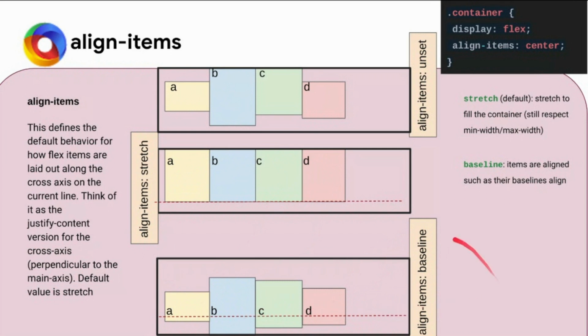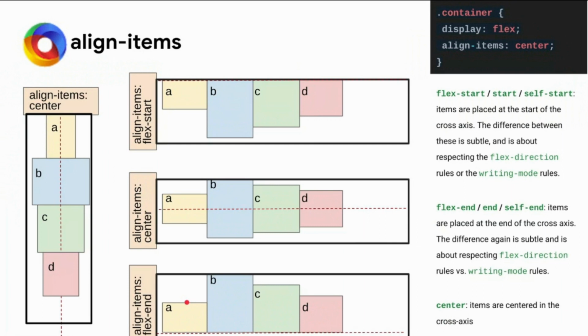Baseline will align everything from the last text, checking where the text in the div ends, so that everything looks like it is in the same column. This is not used much, but it can be used. I guess Google News uses this, and there are many ways we can use this later.